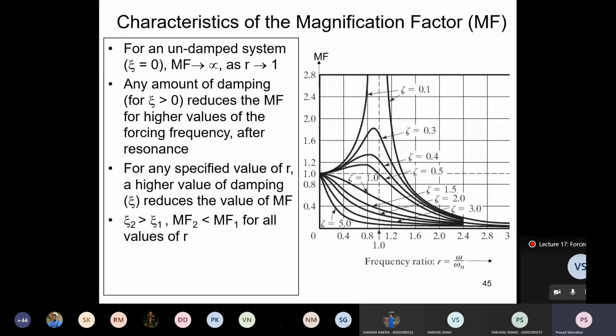So if you see, when zeta is increased, see, if this is zeta 1 and if this is zeta 2, zeta 2 is greater than zeta 1, then the magnification factor of all the points on the second curve is less than the magnification factor for all the points on curve 1. All right. Any questions so far?